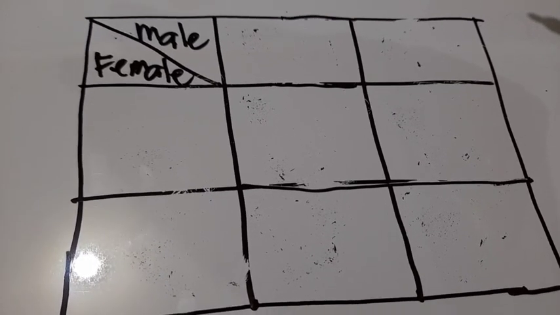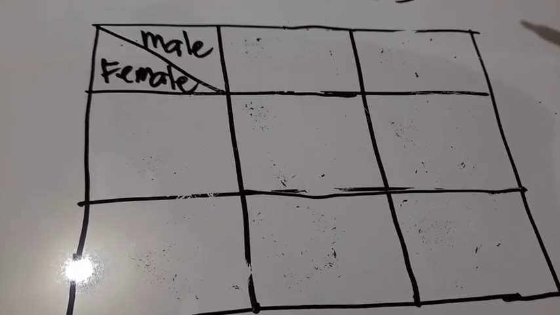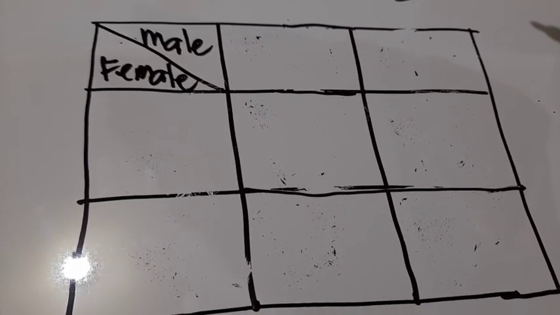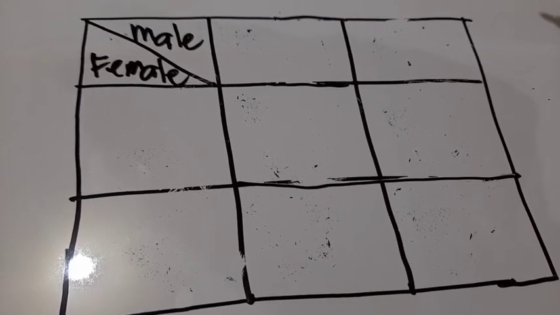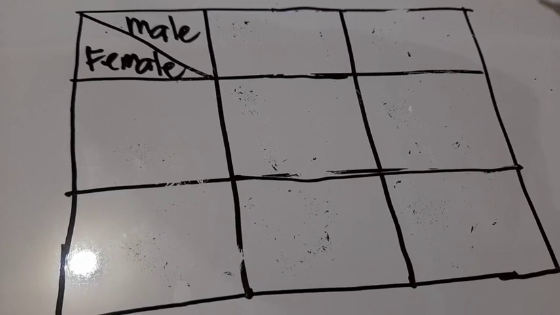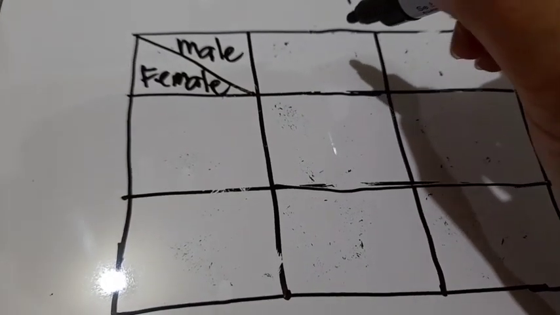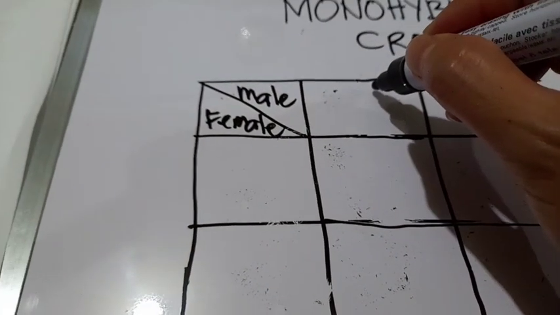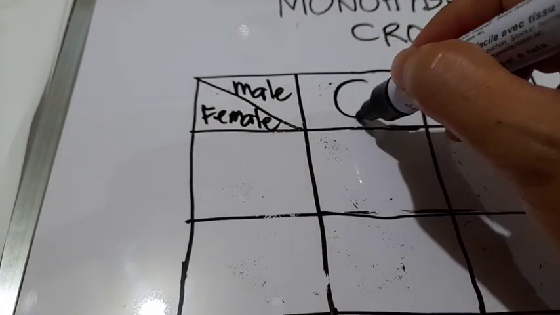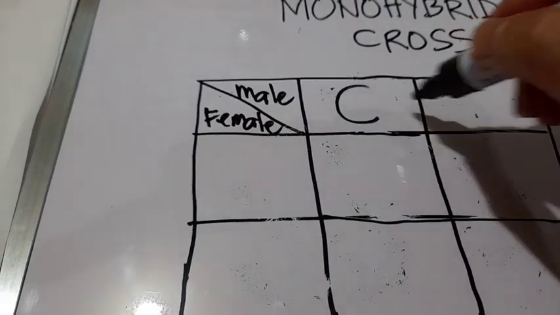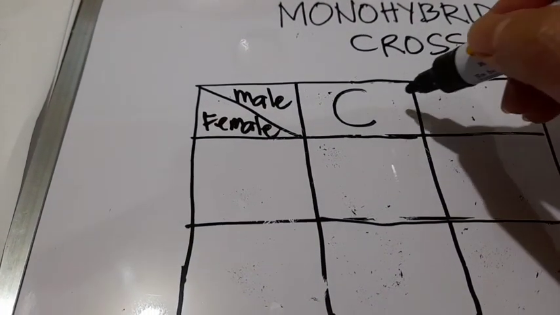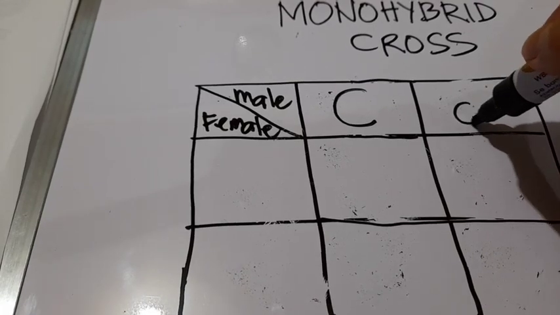So this time, let us try to solve a problem on appearance of hair. When 2 parents heterozygous for genes for curly hair are crossed, how many of their offspring would have curly hair and how many would have straight hair? So both parents are heterozygous for curly hair. So if we say heterozygous, we use the dominant and the recessive.